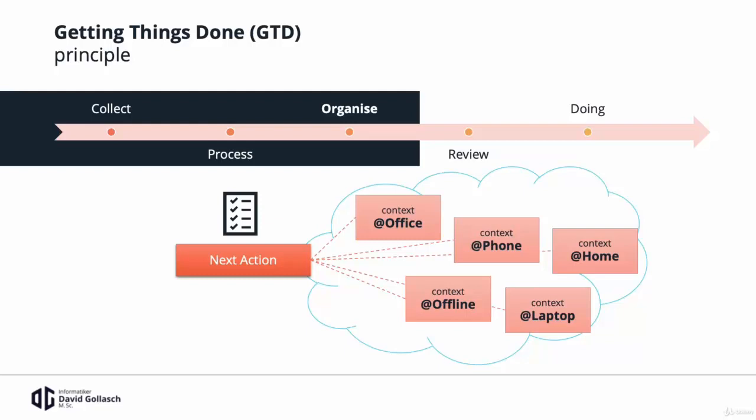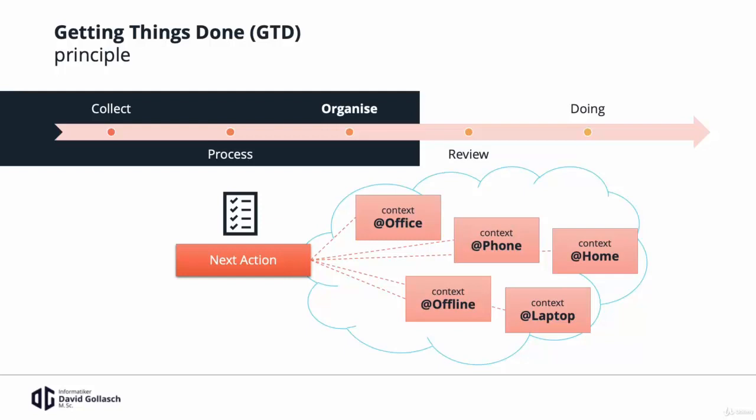There could be, just as an example, contexts like office, so stuff that you're doing in your office. Phone, for example, a context as a label for all the tasks that are related to phone calls. The home context for everything for your private issues or your home office maybe as well.